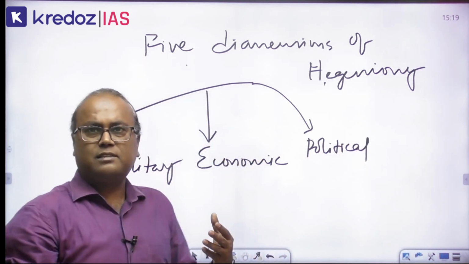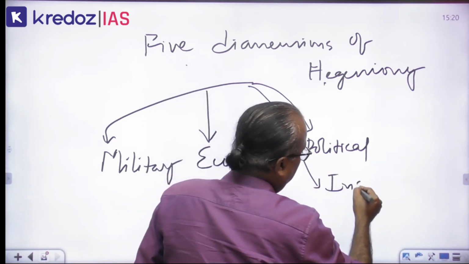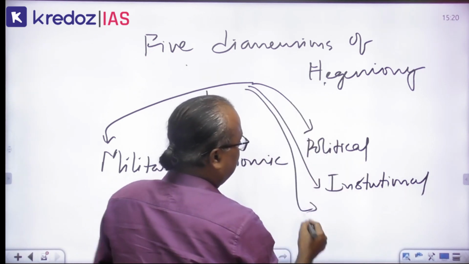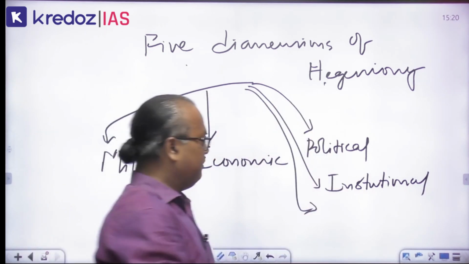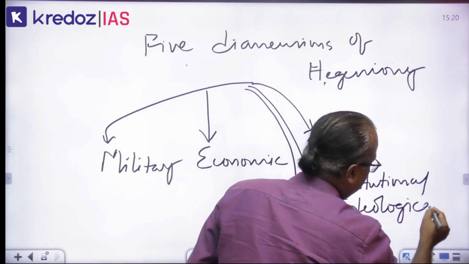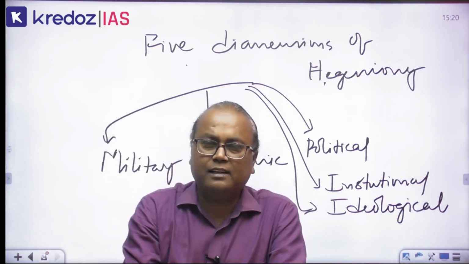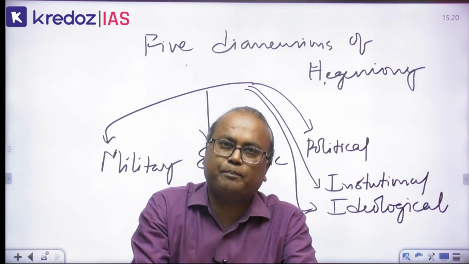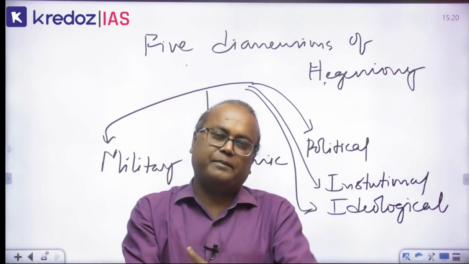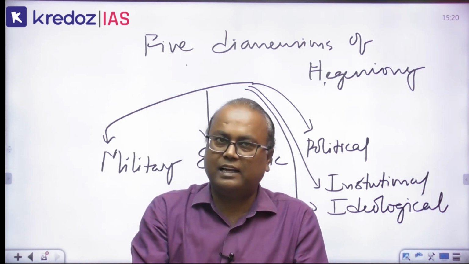Once we finish the political dimension, we will go for the institutional dimension, and at last we have the ideological dimension. So there are 5 dimensions of hegemony. You have to understand the difference between power and hegemony, and what is military hegemony, economic hegemony, political hegemony, institutional hegemony, and ideological hegemony.